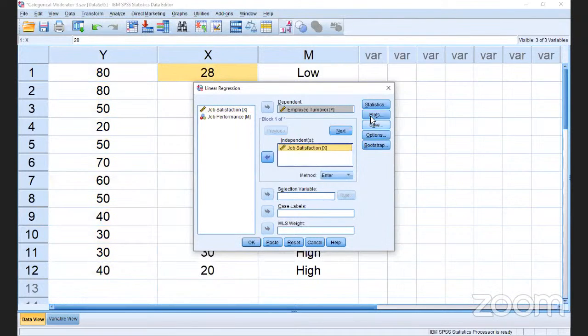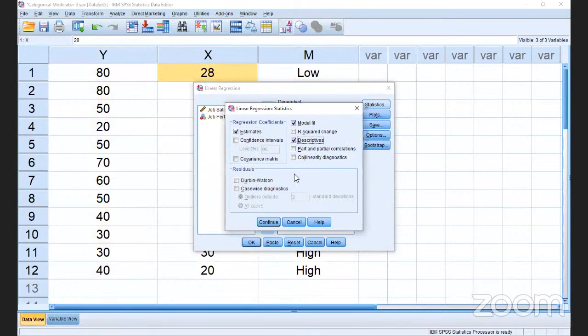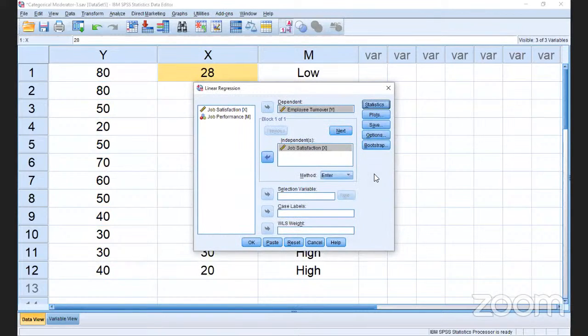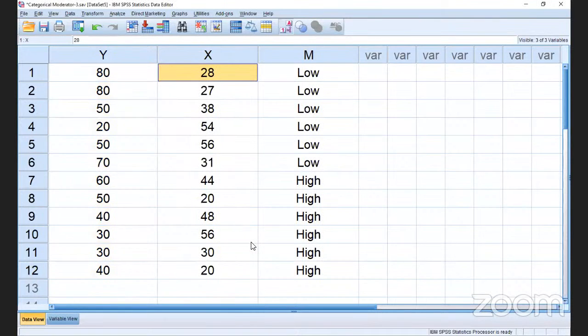And then Statistics, Descriptive, Continue, and then OK. After OK, you will see the output. I am showing you the output. This is the output.